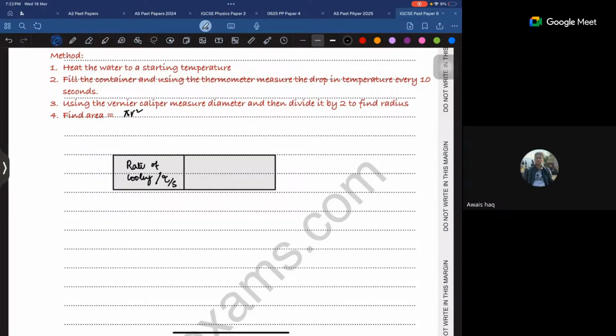Always write the units, okay? Or you can just write degrees Celsius if you're just taking temperature. Then area in centimeter square or meter square, whatever you want. All right, so it doesn't matter.